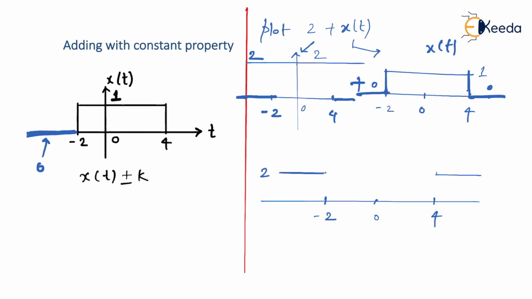During -2 to 4, the amplitude of x of t is 1, and the value of 2 is of course 2 itself between -2 and 4. So 2 plus 1 will become 3. Therefore, this amplitude raises to 3.